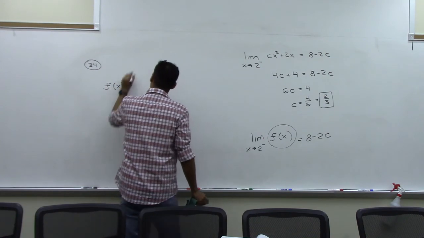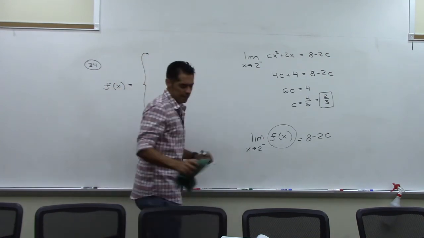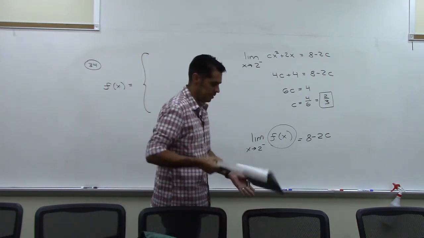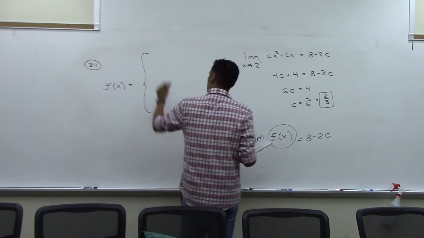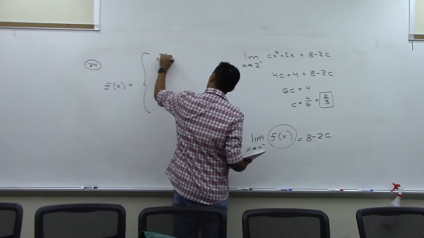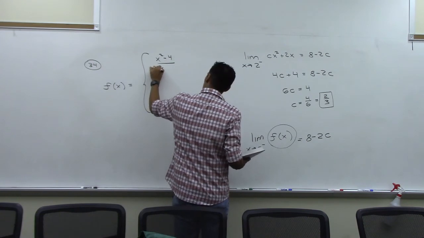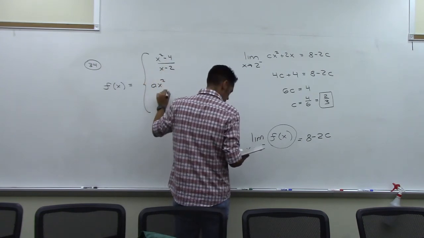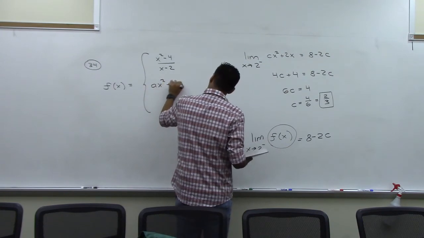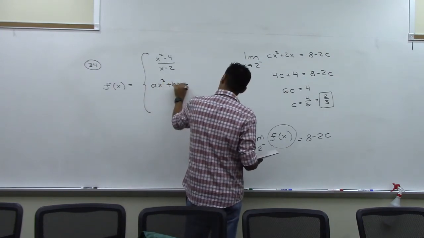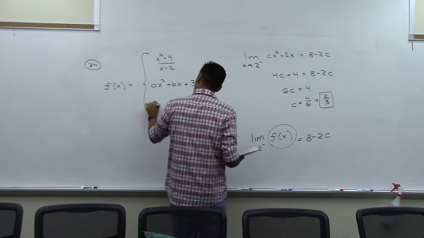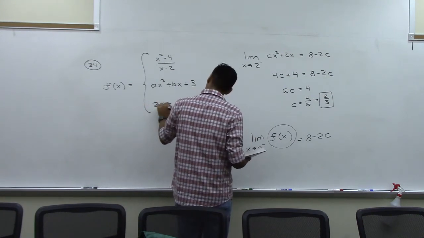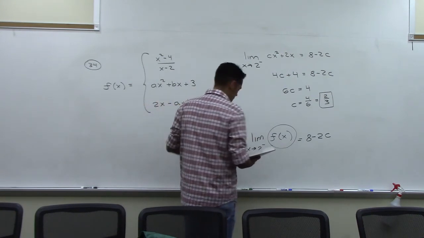The trouble with 34 is that it's a piecewise function with 3 pieces. So you have x squared minus 4 over x minus 2, ax squared plus bx plus 3, and 2x minus a plus b.